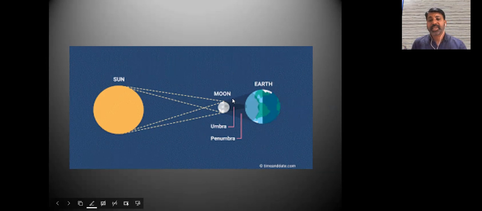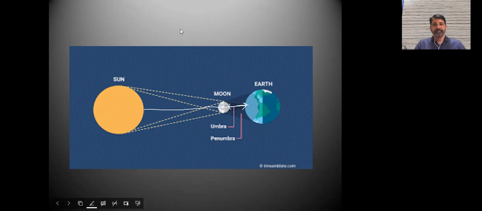Okay. Now the next is the same diagram. What is the distance between the moon and the earth? Anybody? And what is the distance between the sun and the earth? What is the approximate distance? You don't need to be specific. If you have approximate data, that's great.